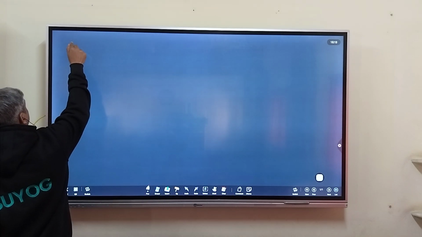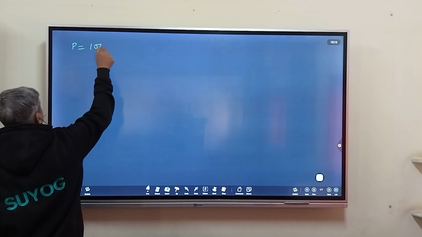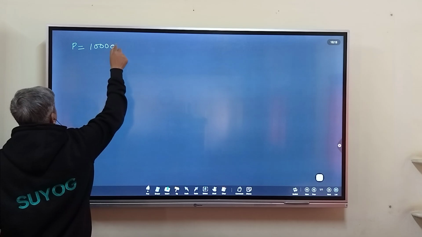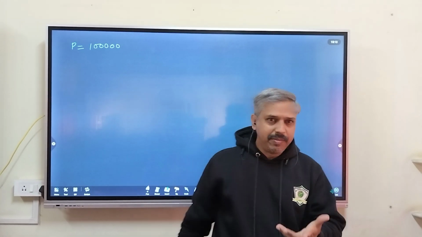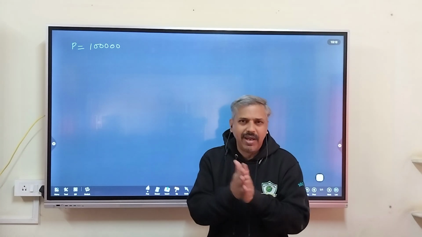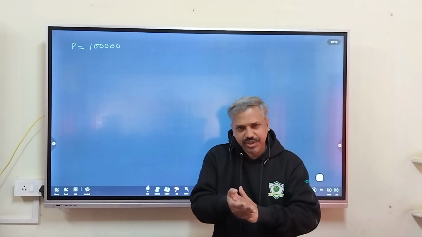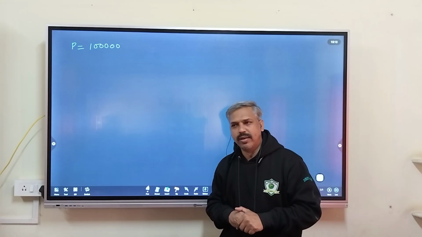I had bought a bike at 1 lakh rupees. It is estimated that every year, because of using the bike, the machine parts will rub against each other because of the friction. There will be a little bit of wear and tear.